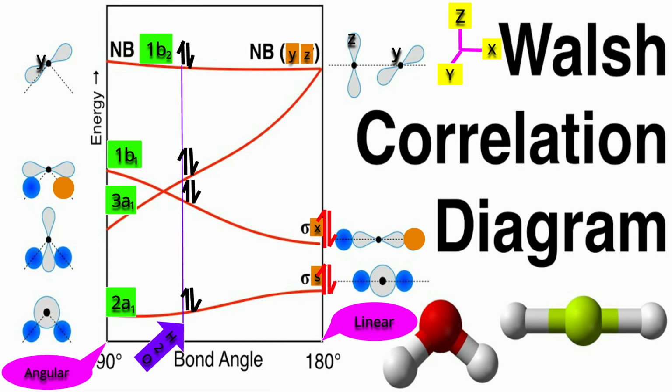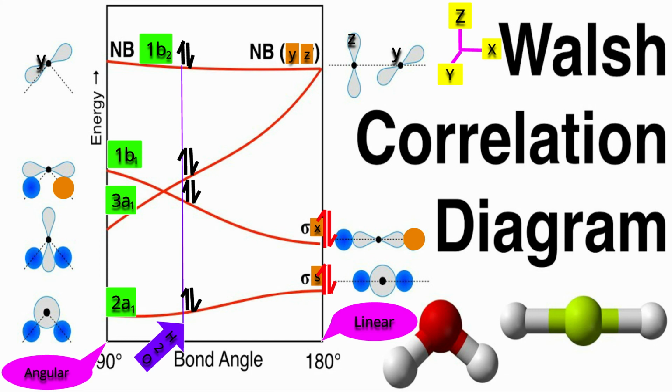Now the question you will have is, why in between only? Why is the bond angle in the water molecule 104 degree or 104.5 degree? Why not 90 degree? Pay attention. In case of angular molecule, the sigma s orbital, which I am calling the 2a1 orbital, is most stable as the angle is smaller, as the angle is less.